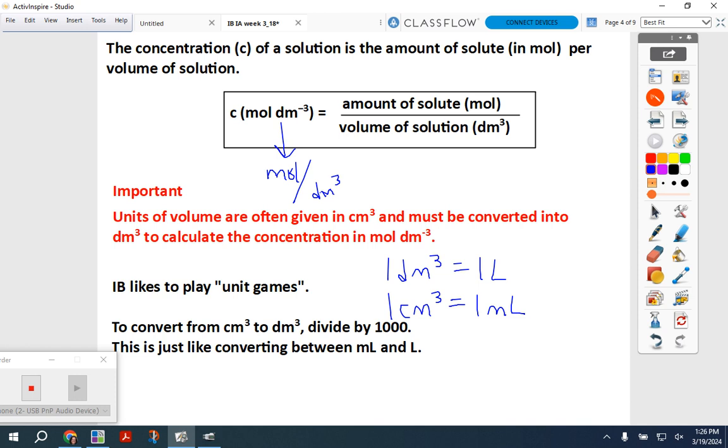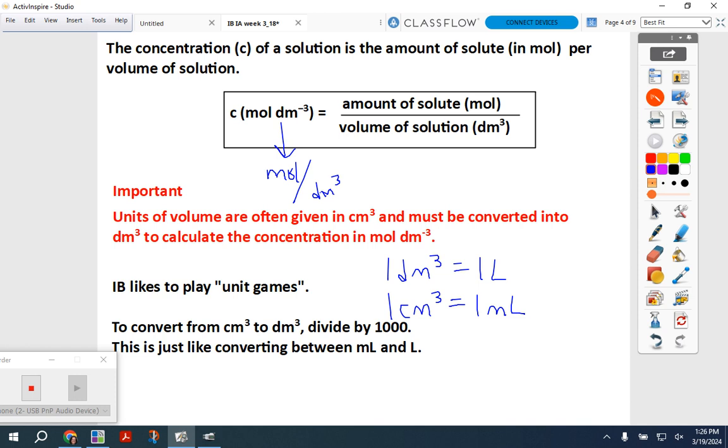I've been told that on a paper 2 question, if you give your answer in milliliters and not centimeters cubed, as long as the units are correct, it won't be marked wrong. However, they will give you stuff and ask for things in the questions in this format, and so you need to be able to recognize that as moles per liter or moles per cubic decimeter.